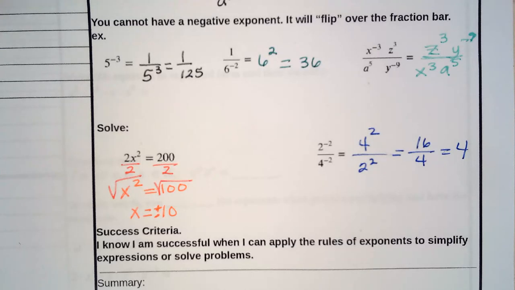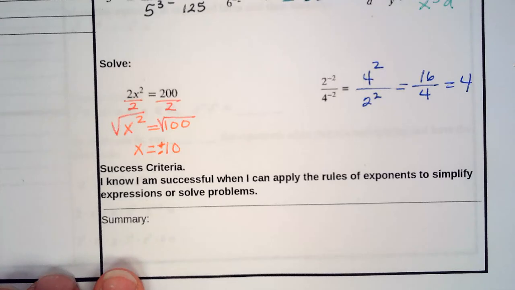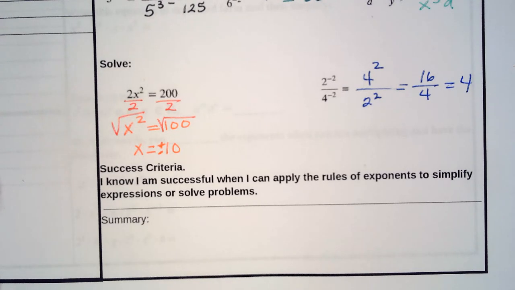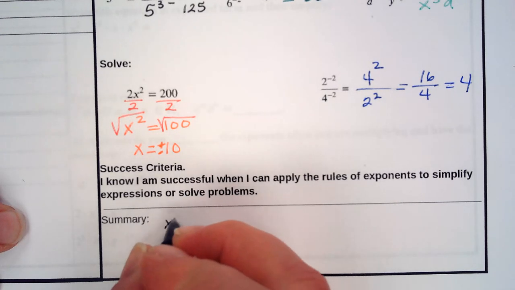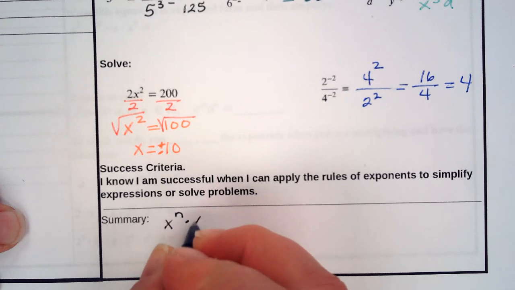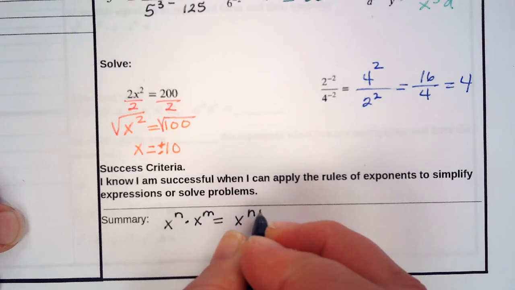So, how do you know you're successful? You know you're successful when you can apply the rules of exponents to simplify expressions or to solve problems. So the first thing we looked at is x to the n times x to the m will give me x to the n plus m.